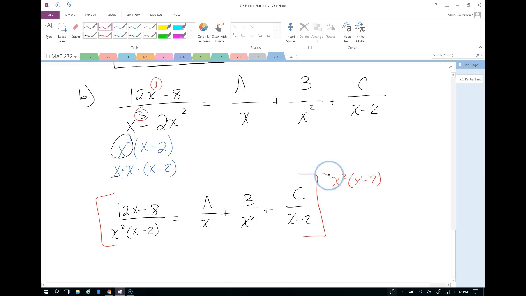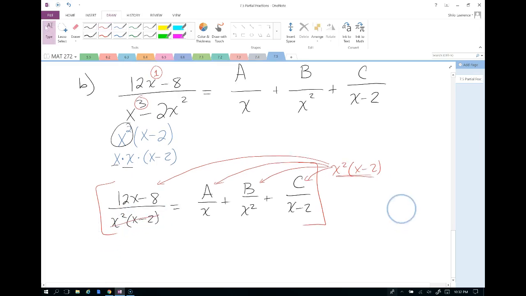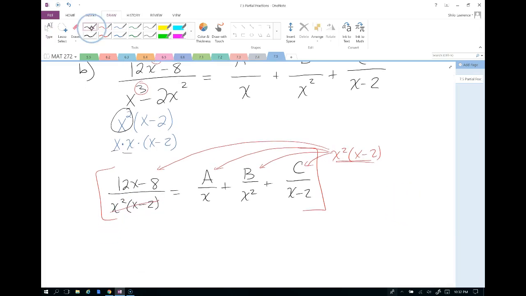And we now have 4 fractions that x squared times x minus 2 needs to be distributed to. When you distribute it to the original fraction, since that's the original denominator that we're multiplying by, it's always going to cancel the original denominator and just leave you with your numerator.